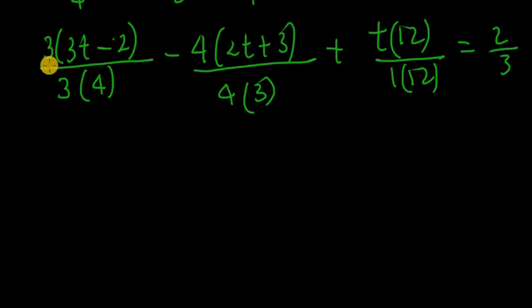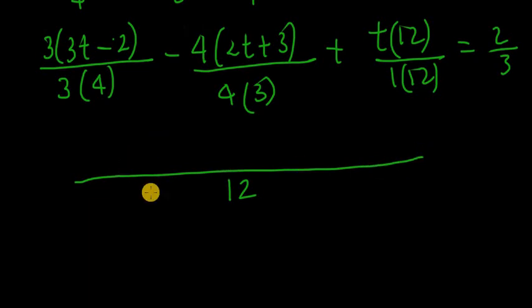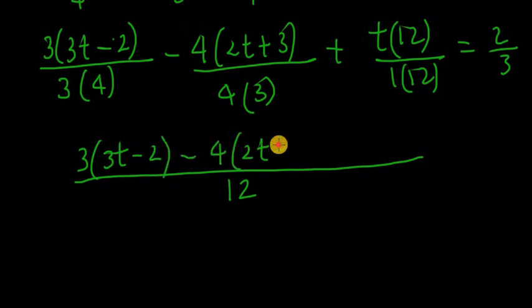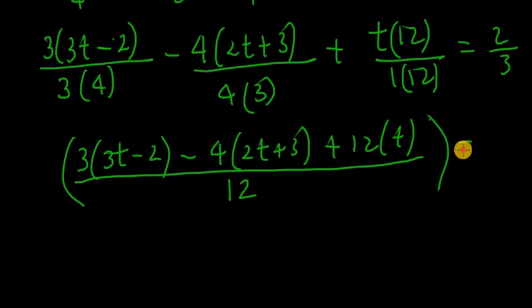Now all the denominators are 12, so let's take 12 as common. So all over 12: 3 into 3t minus 2 minus 4 into 2t plus 3 plus 12 into t. This whole thing equals 2 by 3.